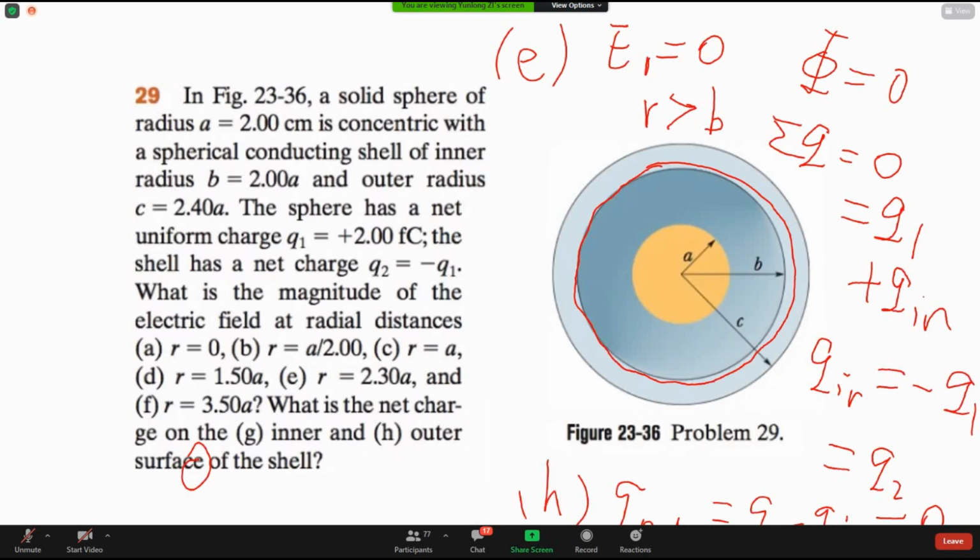Solid sphere. Do you mean this equation? Will the Q2 affect the E field?